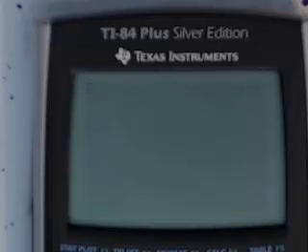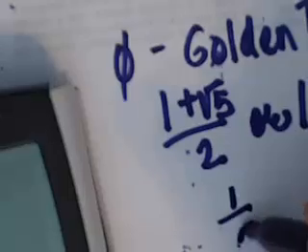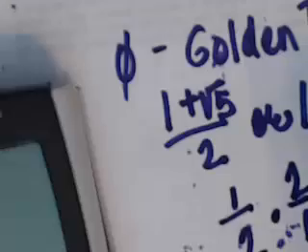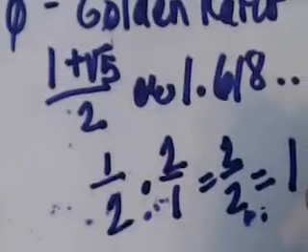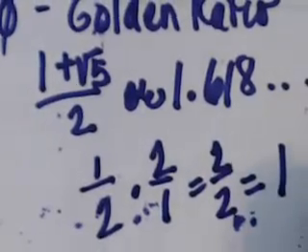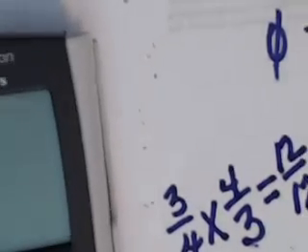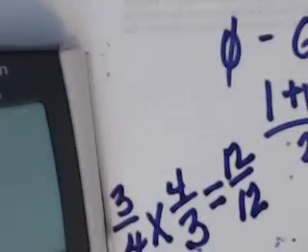So 1/2 and 2 over 1 are reciprocals, because when multiplied together, they will give you 1. 3/4 and 4/3, when multiplied together, is 12 over 12, which gives you 1.